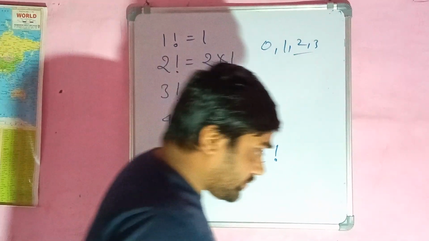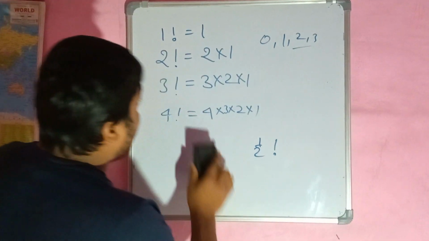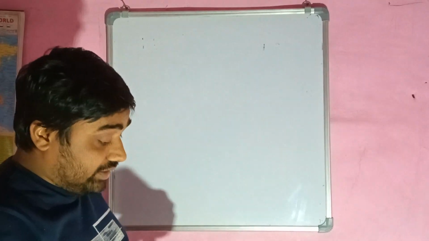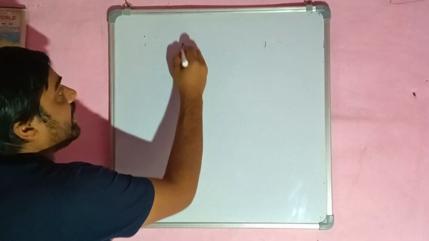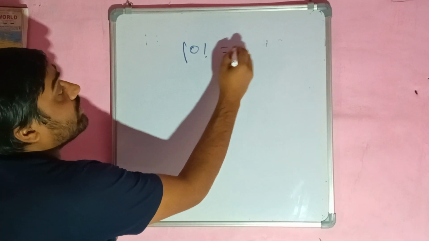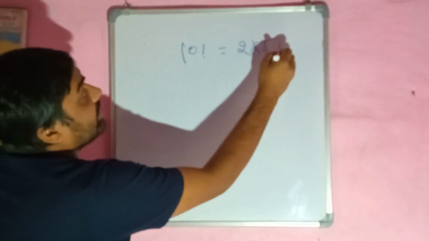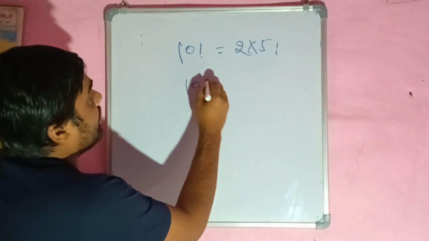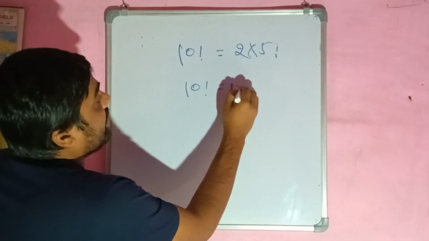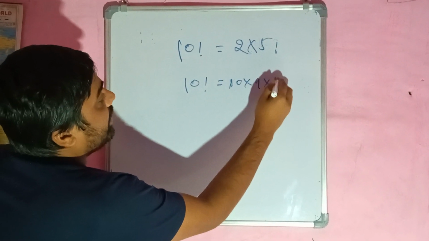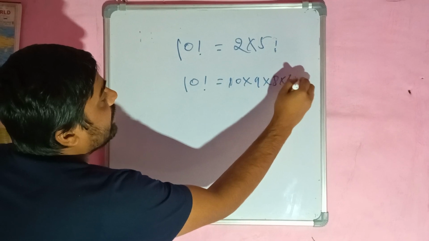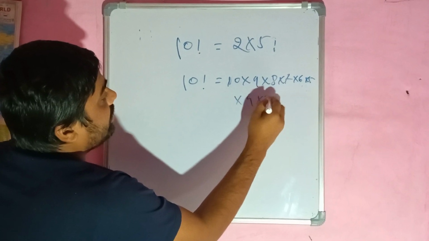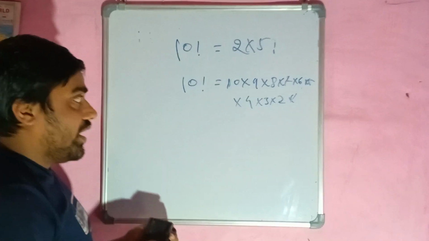Again, if somebody writes 10 factorial and you write 2 into 5 factorial, then it's totally wrong. You write 10 factorial is equal to 10 into 9 into 8 into 7 into 6 into 5 into 4 into 3 into 2 into 1. Understood?